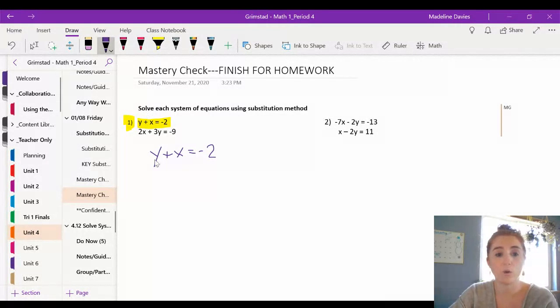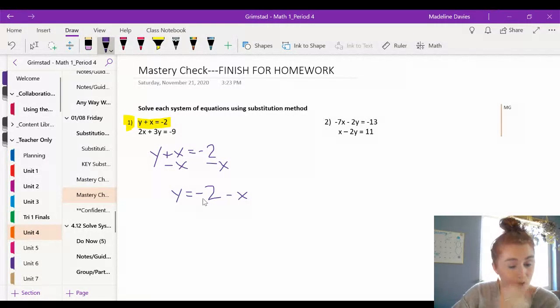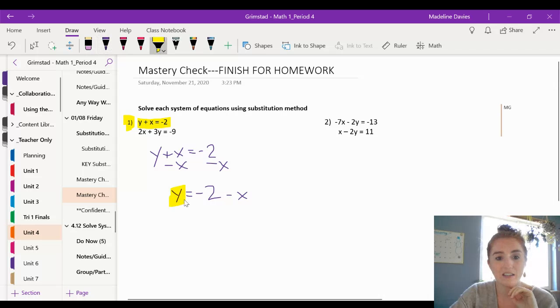In order to get y by itself, or in other words, to get rid of this x, I have to just subtract x. Whatever I do on one side, I have to do to the other. So I have -2 minus x, and now I know that y equals -2 minus x. Now I can do something with this, right? Now I know what y is.